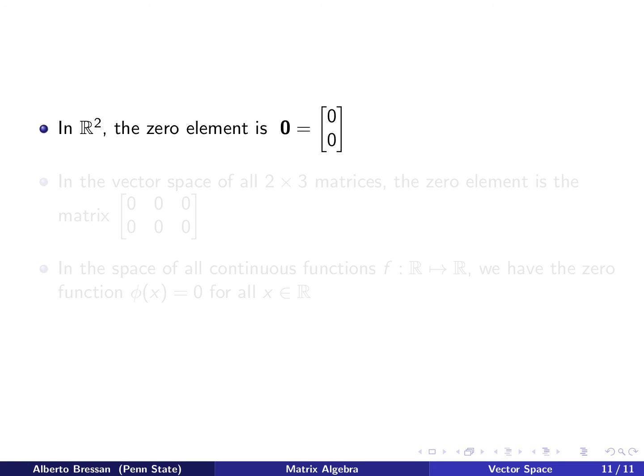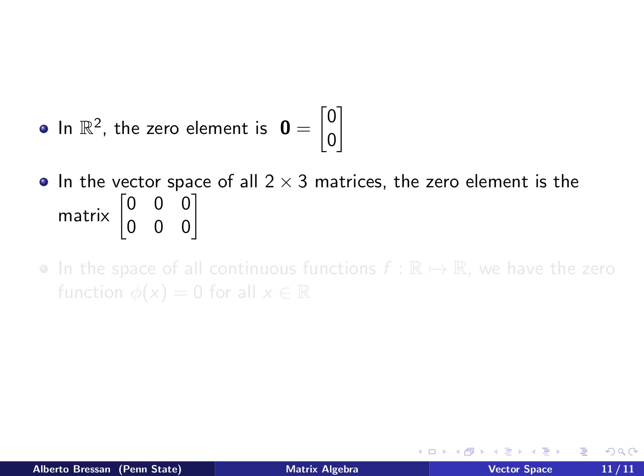Let's look at the 0 element for some different vector spaces. In R2, the 0 element will be a vector with both elements 0. For the vector space of all matrices of size 2 by 3, we can also find the 0 element.